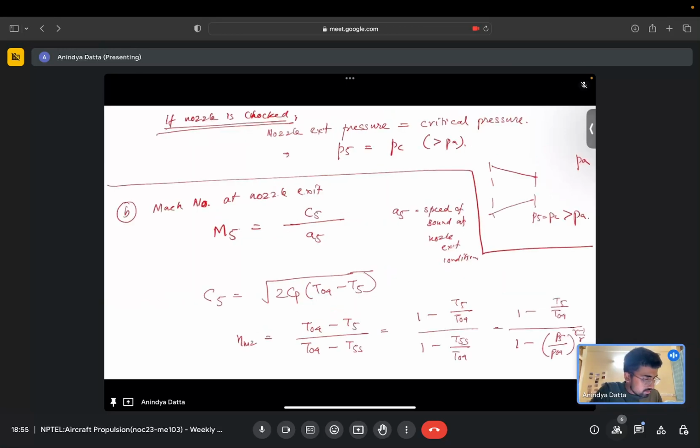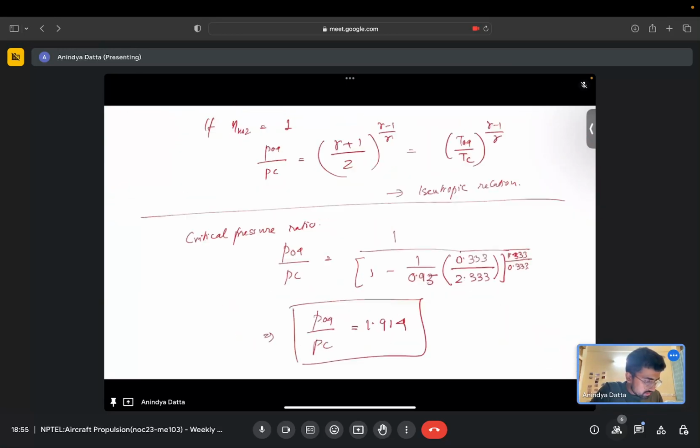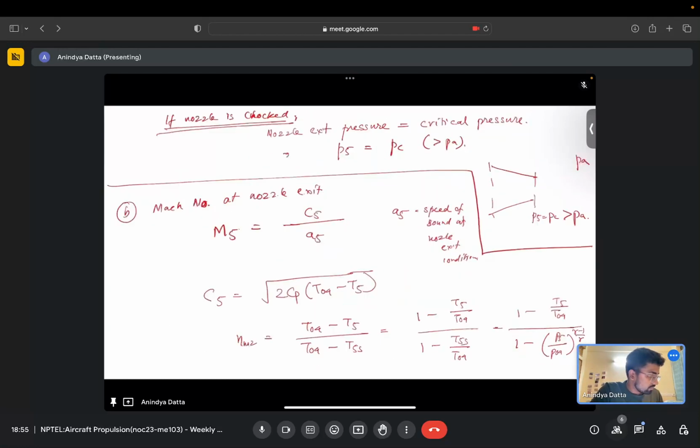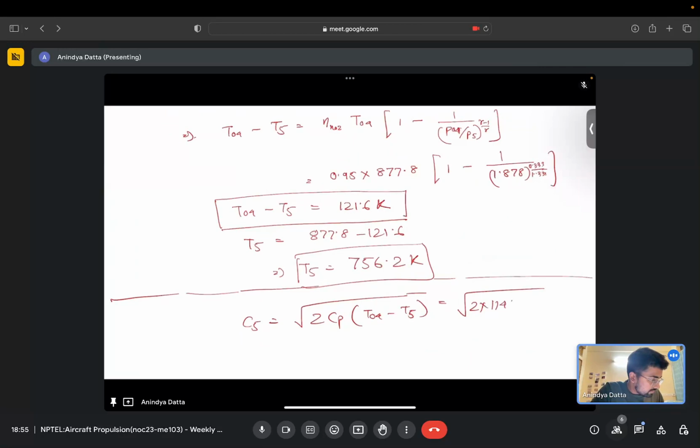What is the cp value? Let me check. Yeah, the cp value is 1147, and the temperature difference is 121.6. So c5 we will get as 528.3 meters per second. Okay, so we know the value of c5.